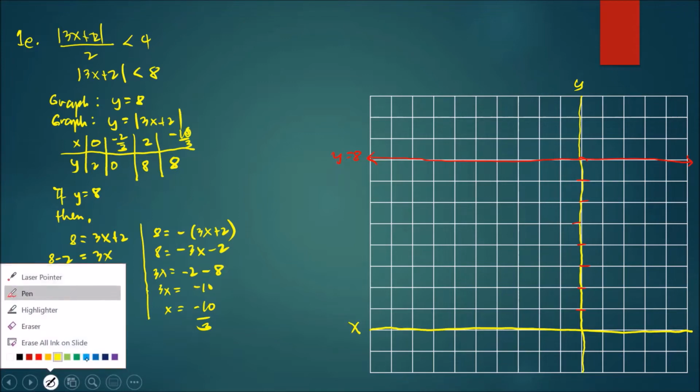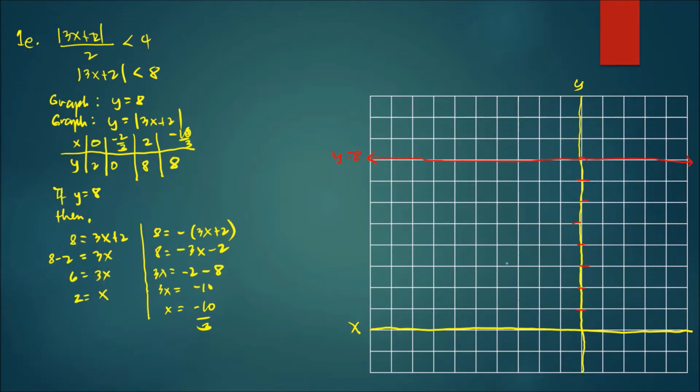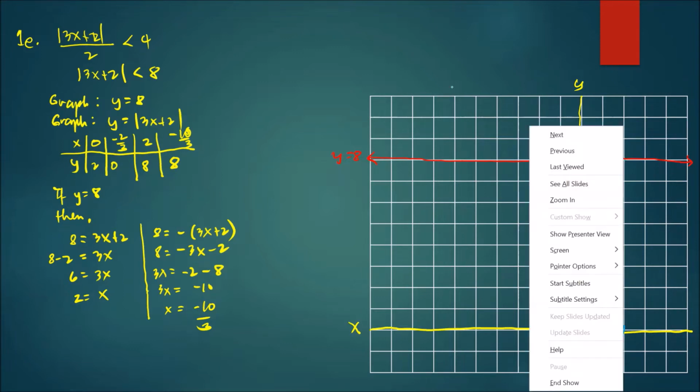Okay, so let us graph. So we have 0, 2. So this is that point. Then we have negative 2/3, 0. So this is the point. And we have 2, 8. So we have 1, 2, 3, 4, 5, 6, 7, 8.